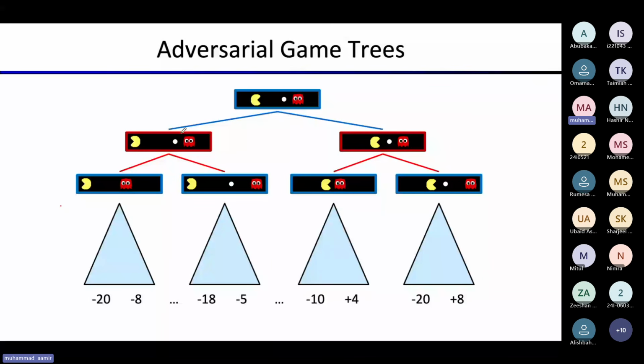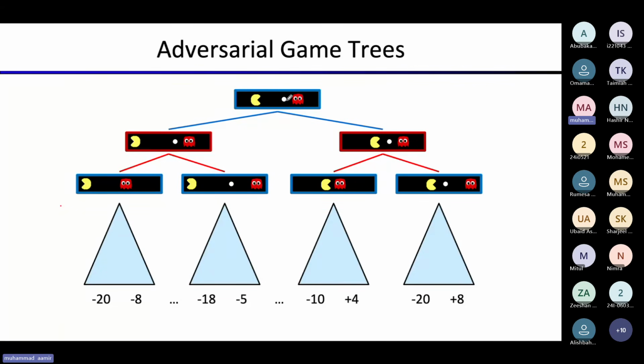In other words, one player is trying to win and the second player is trying to make that player lose. If one wins, the other will automatically lose. If one loses, the other will automatically win. So Pac-Man is trying to maximize the score and Ghost is trying to minimize the score of the Pac-Man.